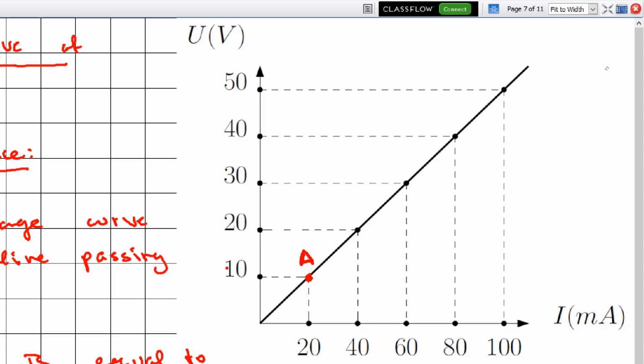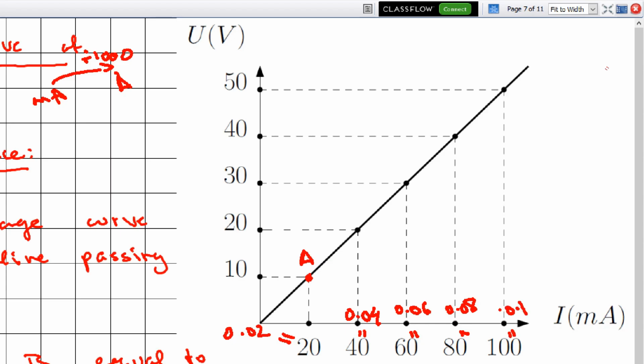Now the point A has a voltage of 10 volts and an electric current I of 20 milliamps. Now if we convert this to the SI, we know that from milliamps to amps we divide by 1000. Now this is equal to 0.02, and this is equal also to 0.04, 0.06, 0.08, and 0.1.